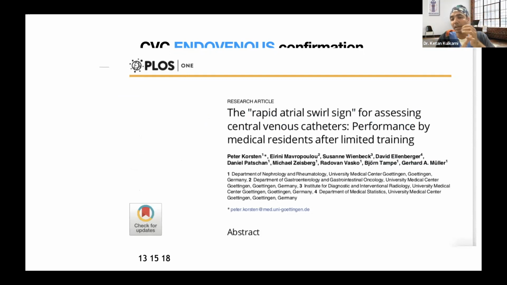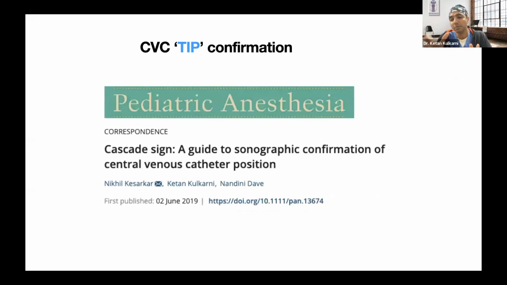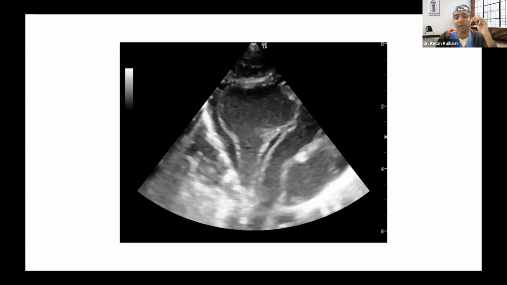If there are bubbles coming, that means it is on the venous side. However, it doesn't confirm where the tip is, and that's why we are focusing more on the SVC-RA junction, and this is our publication where we looked at the SVC-RA junction and confirmed the tip.